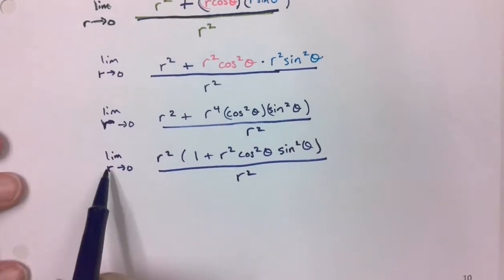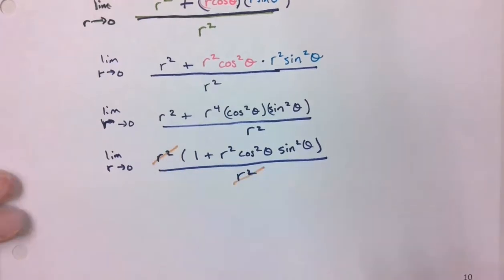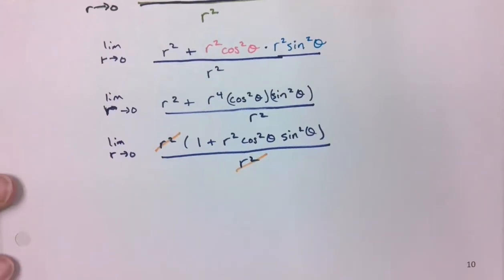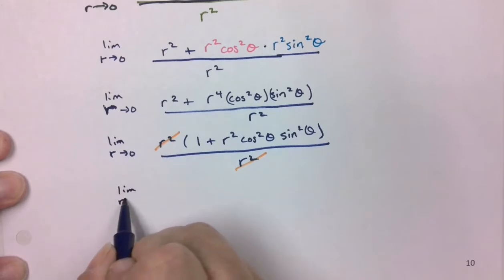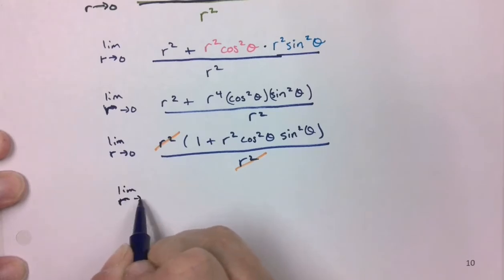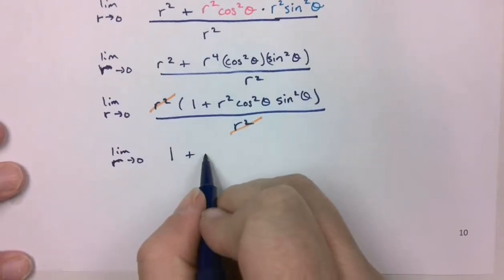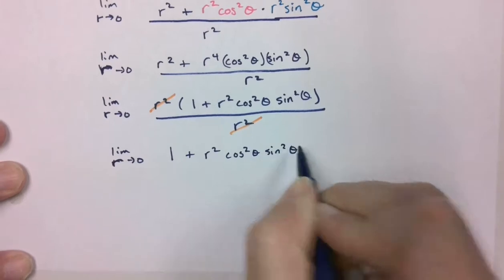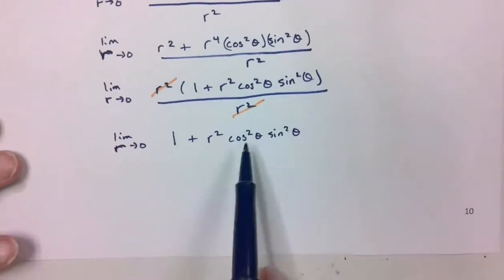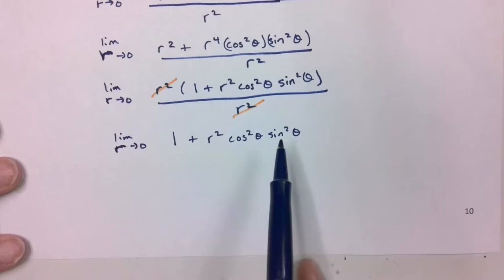Well, I still can't put 0 into this because I can't divide by 0. But I'm about to divide, because r squared over r squared goes away. So that leaves you the limit as r goes to 0 of 1 plus r squared cosine squared theta sine squared theta. Whatever cosine and sine do, they're both numbers between -1 and 1.